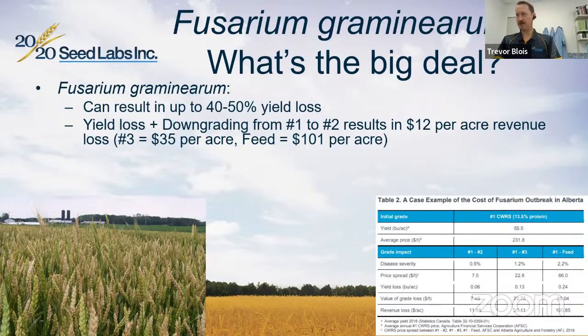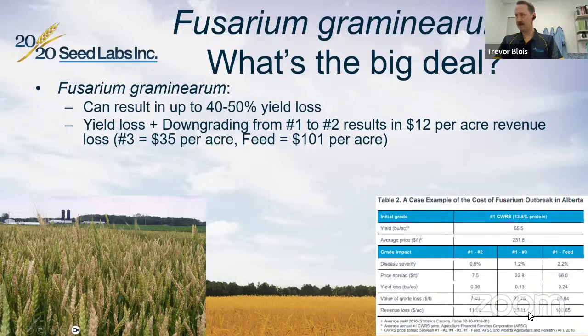So this was something that was published, I think, in 2018 from the government of Alberta, and they look at the cost of a Fusarium outbreak in Alberta. And the real big impact is the value of the grade loss. So going from a number 1 to a number 2, the revenue loss here is $11.66 per acre.